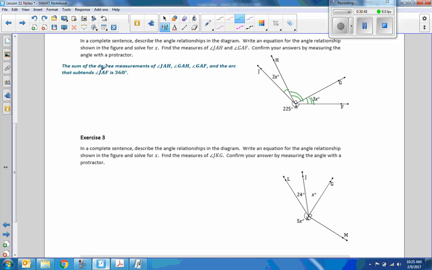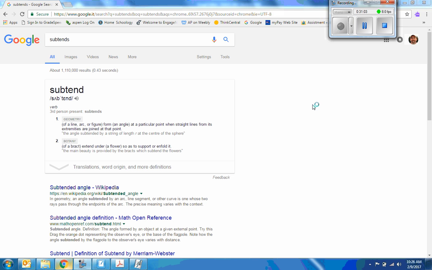Okay? And the arc that subtends angle JAF is 360 degrees. So this is an arc, that's a big word, subtends. An arc that subtends angle JAF is 360 degrees.